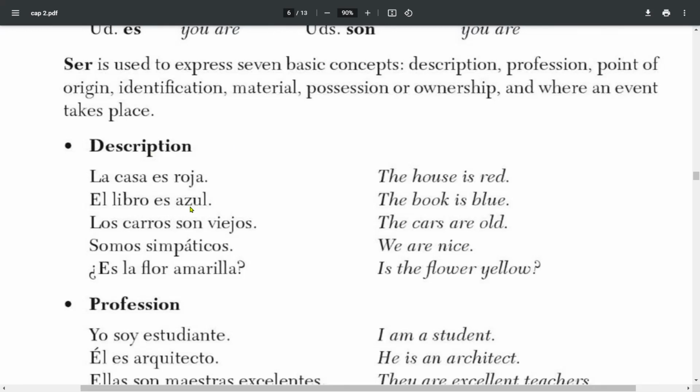Remember letter Z, that sound doesn't exist in Spanish, so this is an S sound, azul. Los carros son viejos. Somos simpáticos. Es la flor amarilla, with a rising intonation, right? You have that in English and in almost every language. Es la flor amarilla.